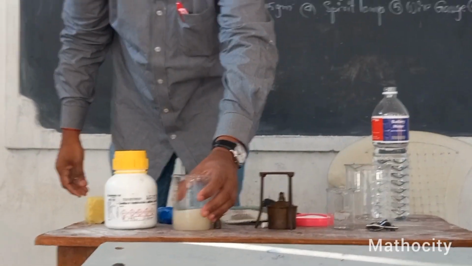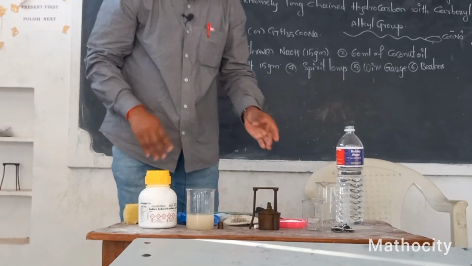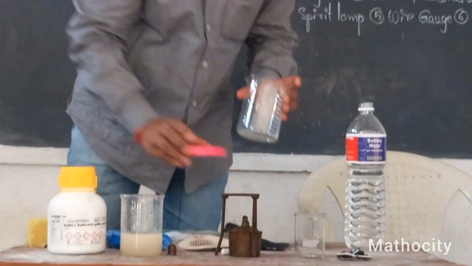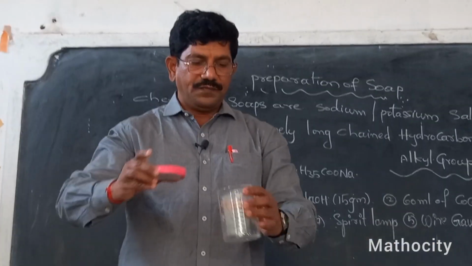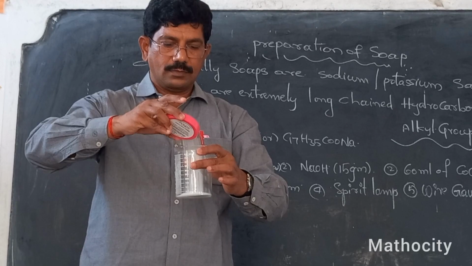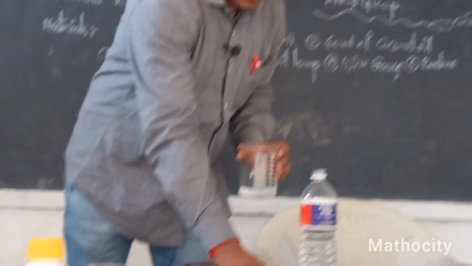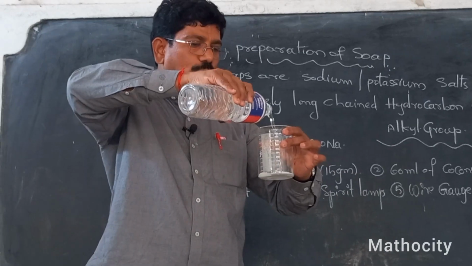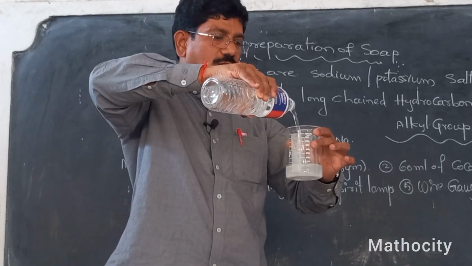Next, I am taking 15 grams of common salt. I am dissolving this common salt in 200 ml of water. Observe, 200 ml.